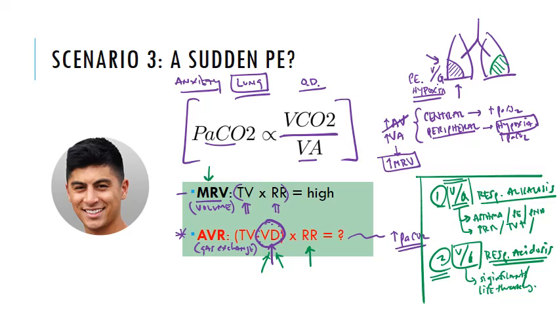So again, just to summarize, the majority of VQ mismatches that you will see in the lung, any type of acute process that you see in the emergency room or the ICU, on an ABG, it's very common in an acute process to see a respiratory alkalosis. This means that the body's chemoreceptors are being triggered so substantially that the body is blowing off more CO2 than needed.